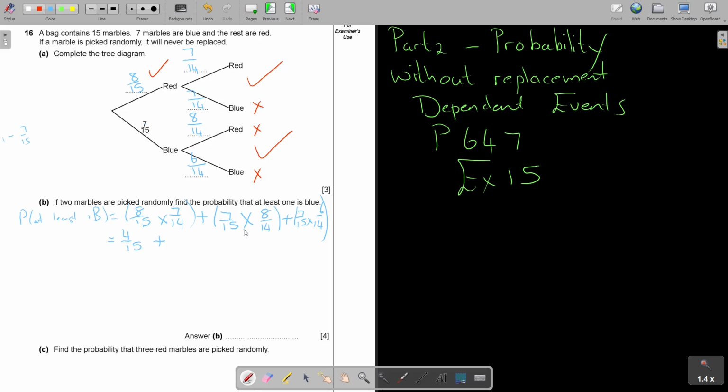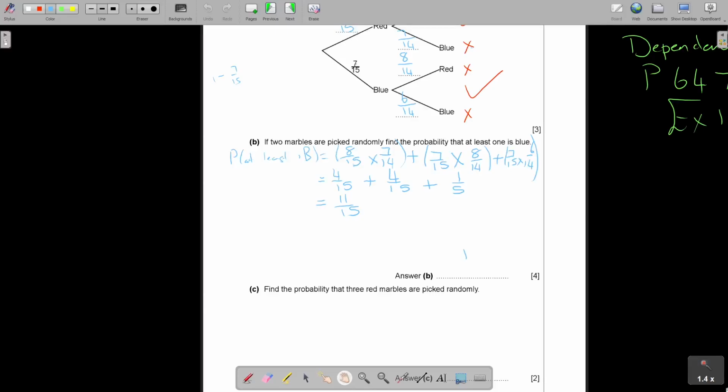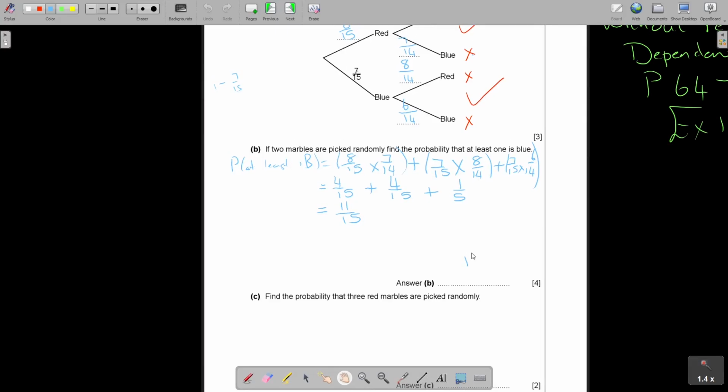So 7 ABC 15 multiply 8 ABC 14. So it's 4 out of 15 plus 7 ABC 15 multiply 6 ABC 14. And that's 1 out of 5. So remember, in the bracket I multiply, but over the branches I add. And then if I add this up, I get 11 over 15.